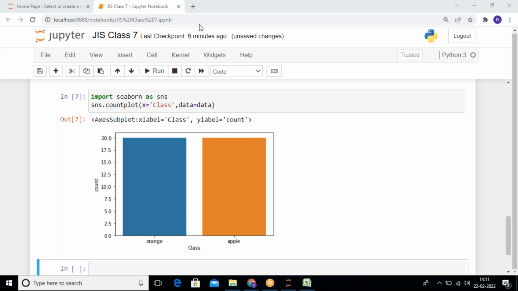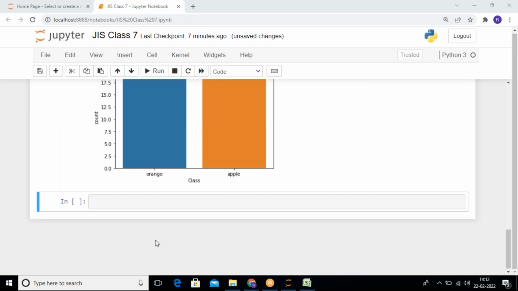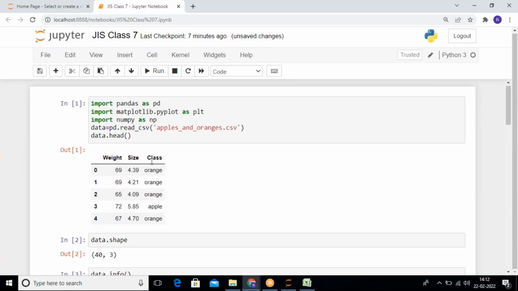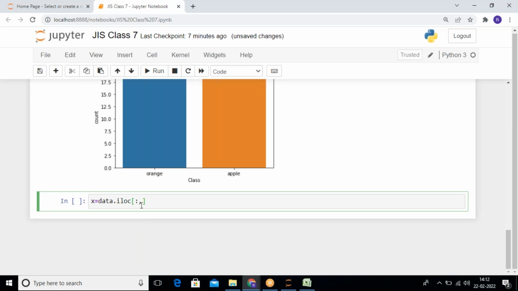Okay, getting the point. So on the x-axis, I'm going to take x equal to data dot iloc. I'll take all the rows and I will take columns 0 and 1, starting from 0 colon, all the columns except minus 1.